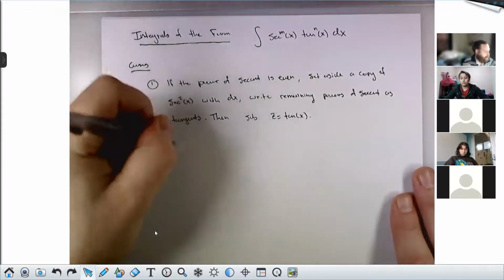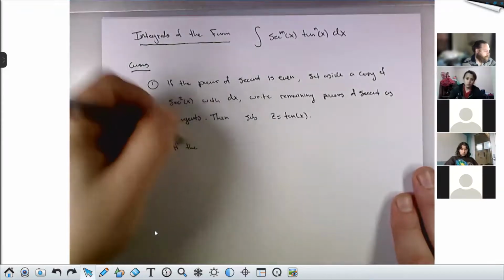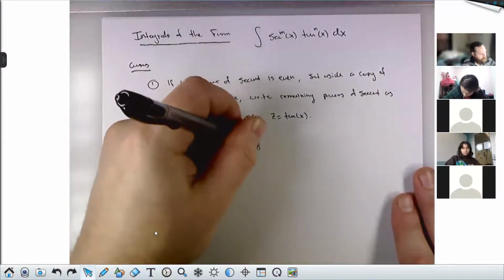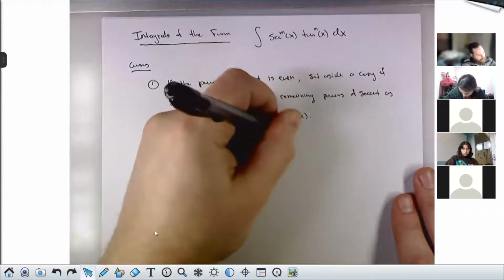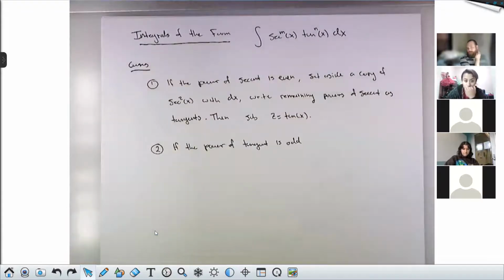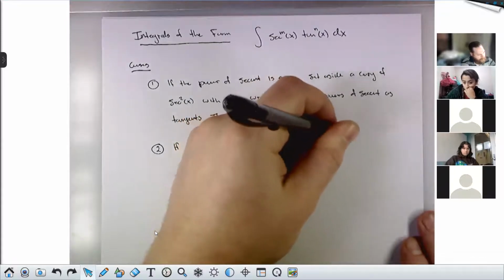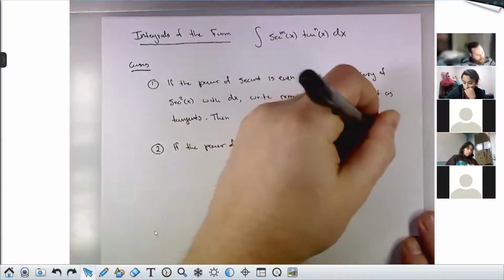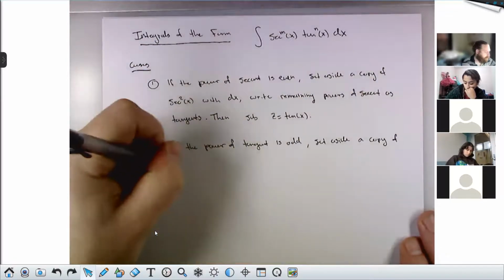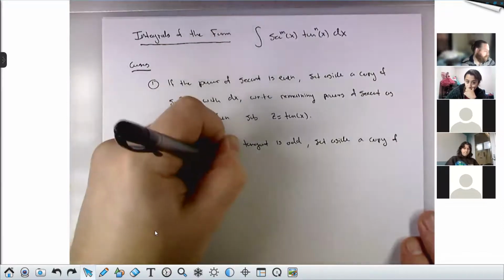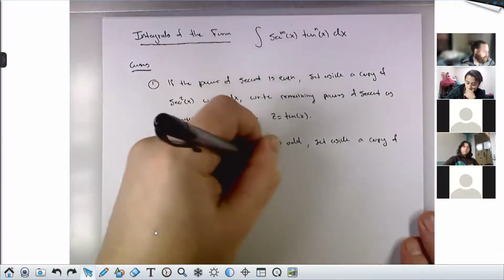Two, the next case: if the power of tangent is odd, and there's at least one copy of secant around, then you're going to set aside a copy of secant x tangent x with dx.